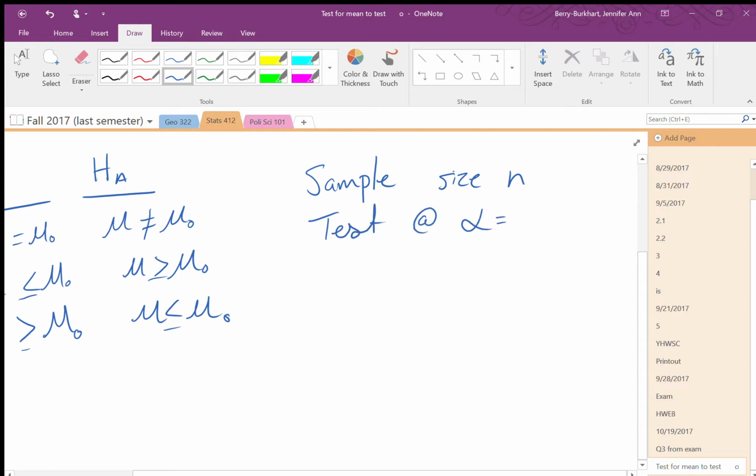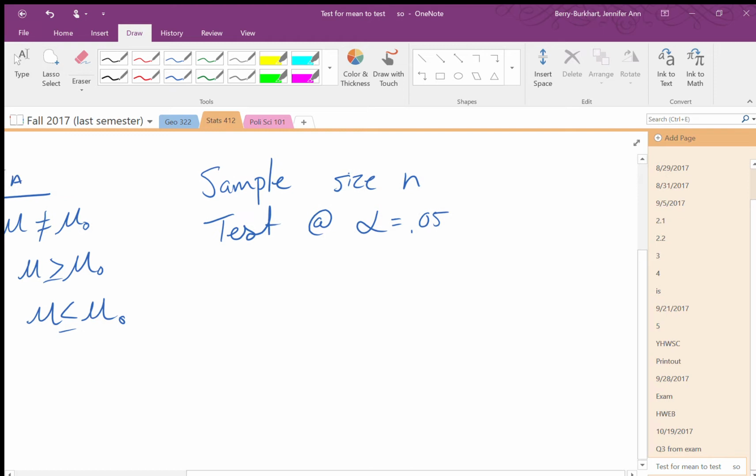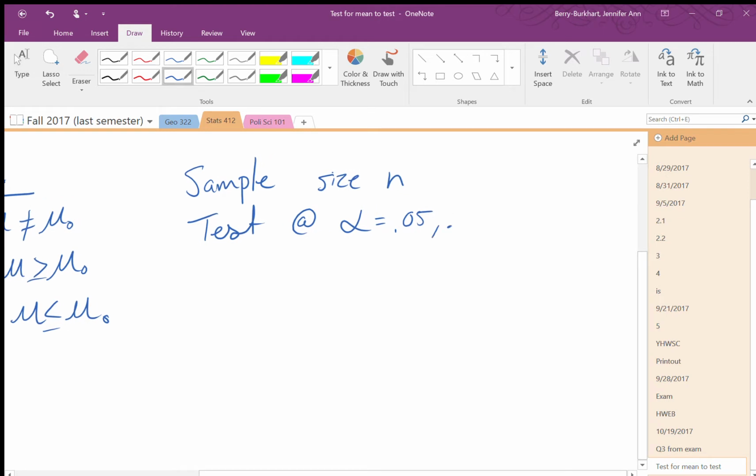Alpha can be 0.05, 0.10, or 0.01, something like that, right? It could be any value I want it to be. I say I want to do it at 0.05, which is the most common one. Then what am I actually doing? I get a sample of size n, I calculate x bar, and then I calculate S, okay?